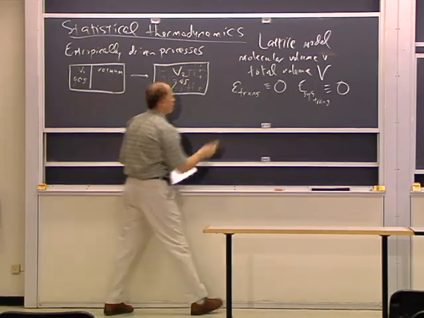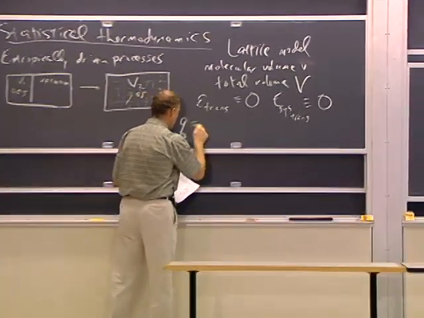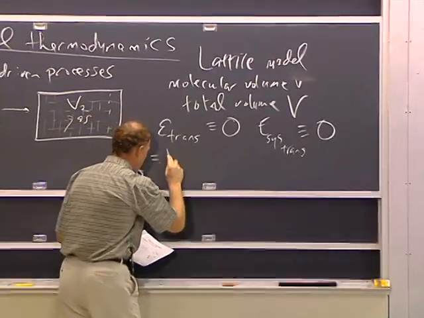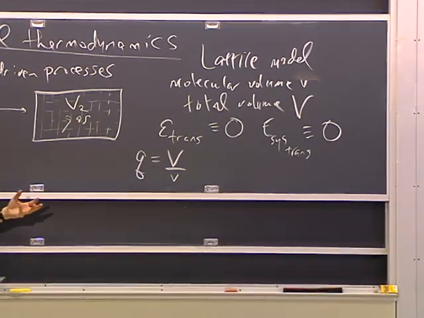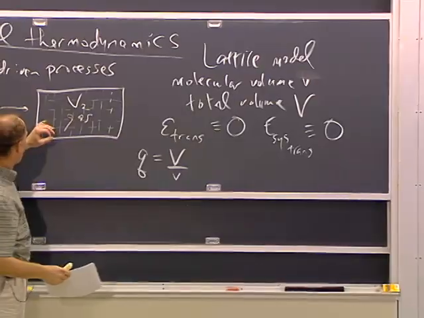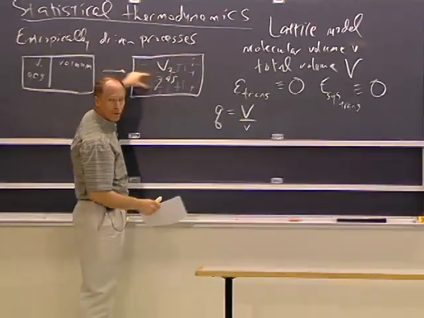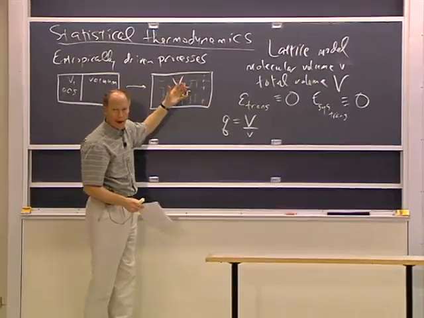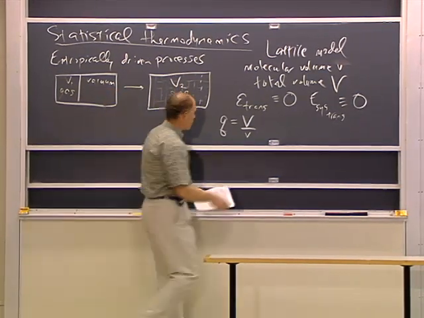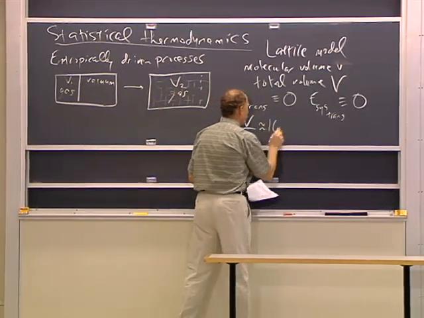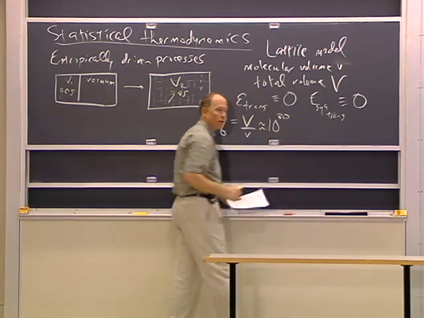Okay, so what that means is that little q is just equal to capital V over little v, right? How many states are there? Well, I've got my little volume, and however many individual cells there are, that's the number of available states in this model. So it's big V over little v, on the order of 10 to the 30th, right?